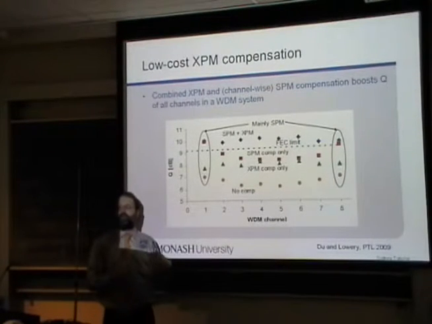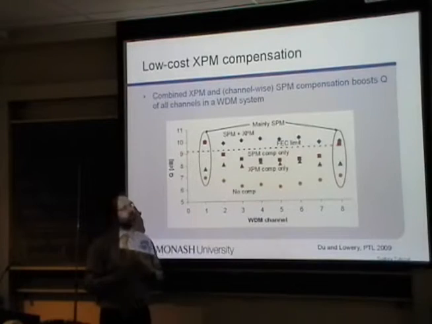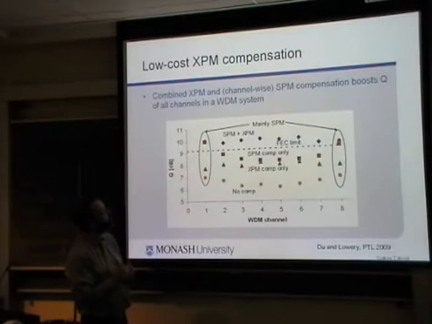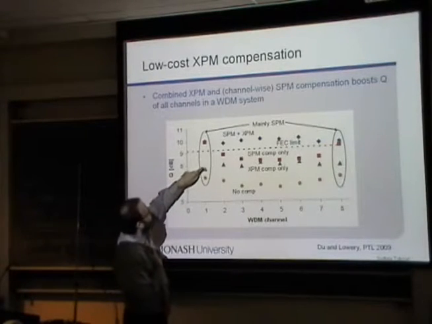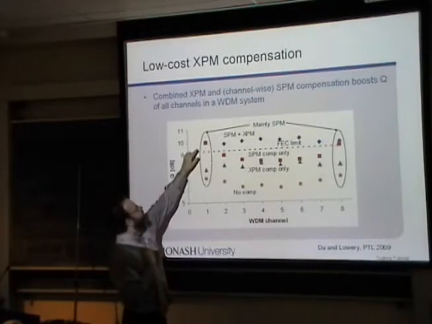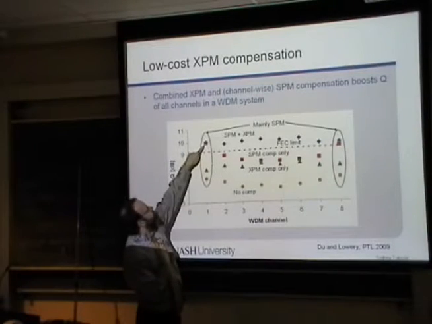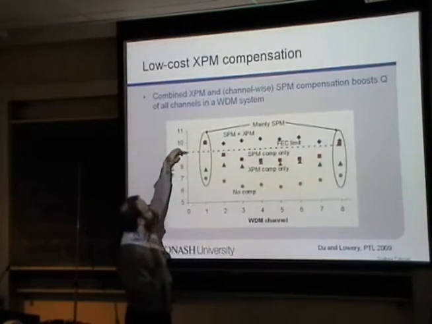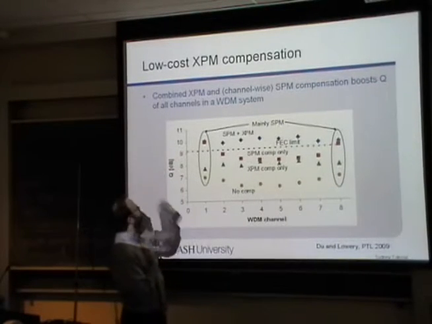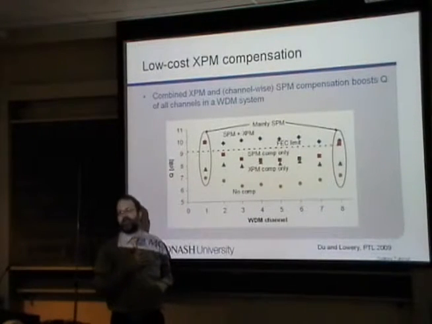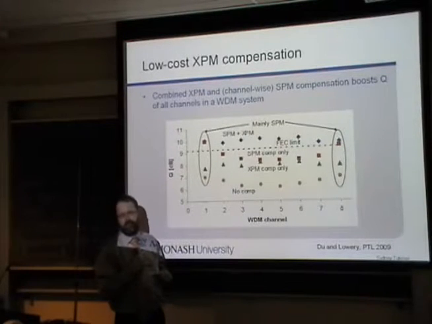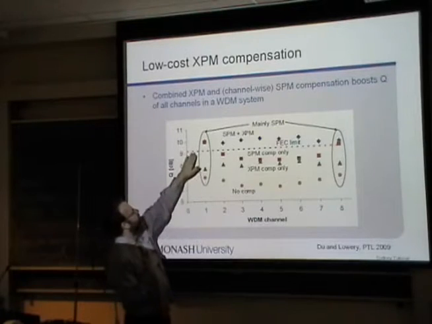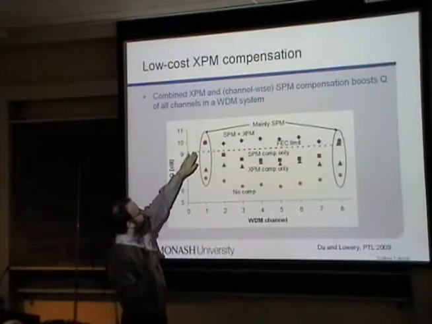But we can also apply self-phase modulation compensation either digitally or using the same technique after the demultiplexer, and that will take the green Christmas tree up to the red Christmas present here, and we can improve the channel above the magic number of 9.3 dB, which is a system with a bit error rate of about 2 times 10 to the minus 3, which is the limit that people will accept.